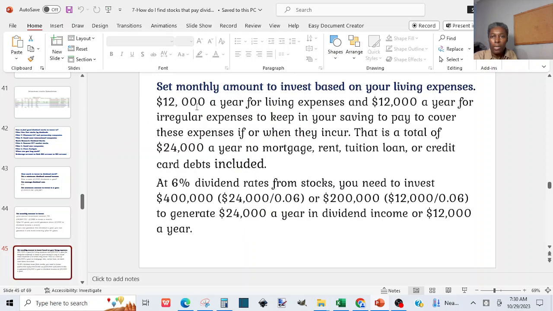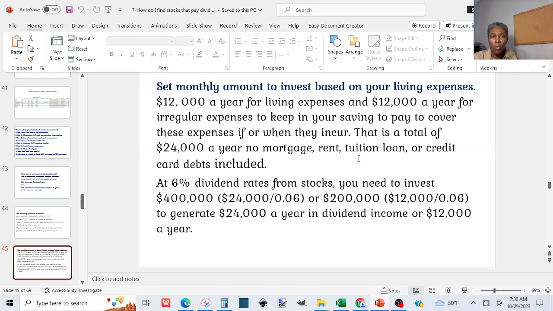You can also use your living expenses, like the way I said before, to set a goal. So if we say $1,000 for basic living expenses and another $1,000 for irregular expenses a month, that's $2,000. You can target the first $1,000 for your living expenses. Take that $1,000 times 12, that's $12,000 a year.